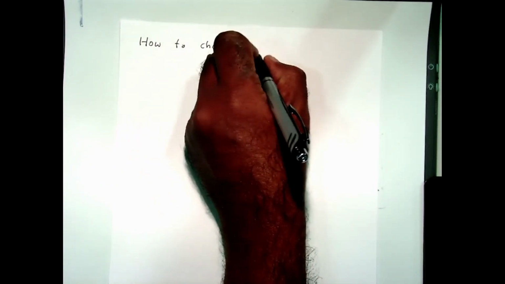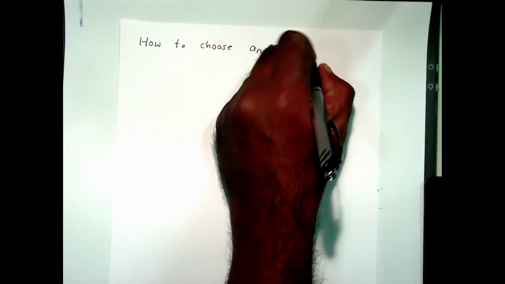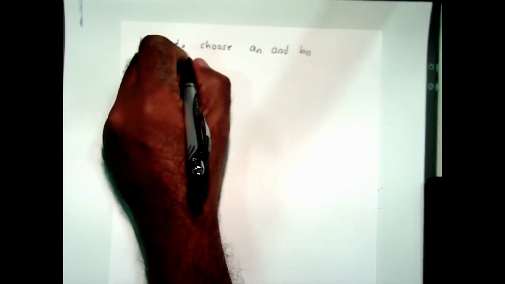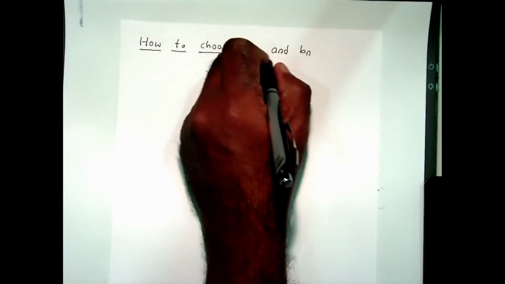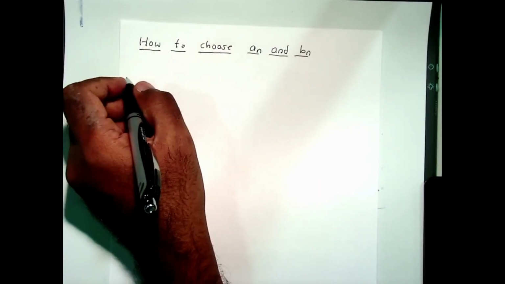So that's what I'm going to talk about in this video: how to choose the constants an and bn.